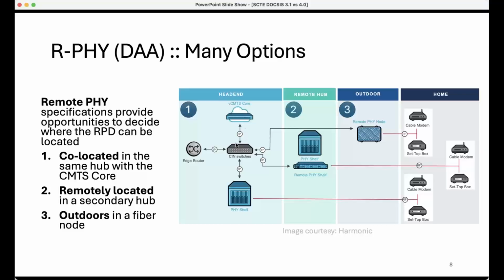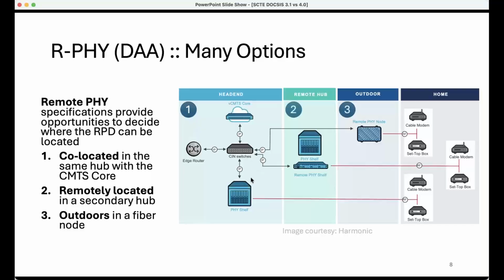From there, we have a digital fiber optic cable that goes to a remote PHY device, which we call an RPD. Love our acronyms in this industry. That RPD can live in the head end or a hub site as a remote shelf, and the RPD is just the RF in and RF out of the CMTS.